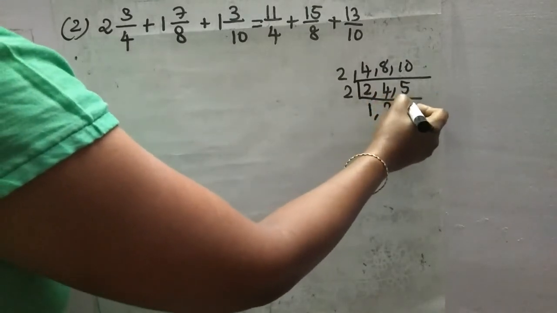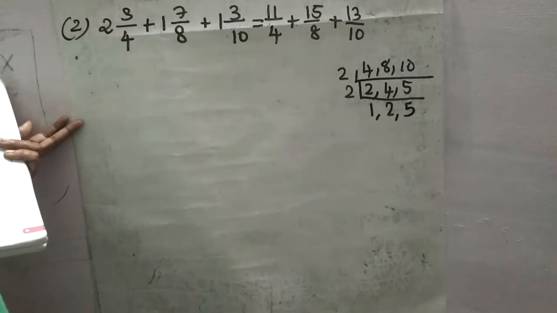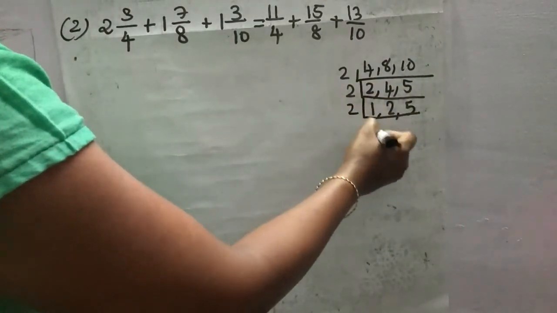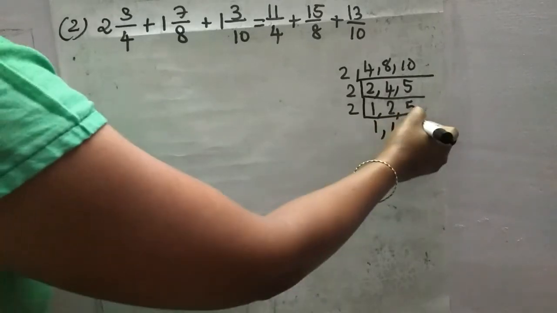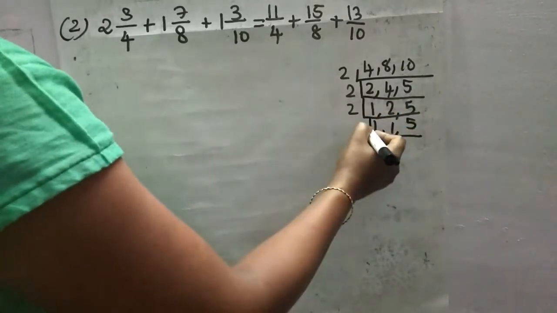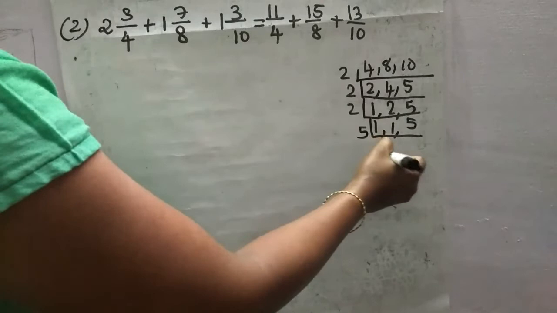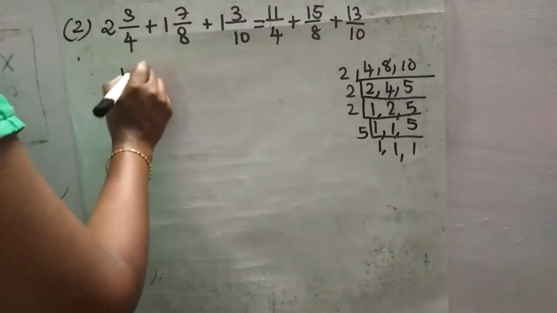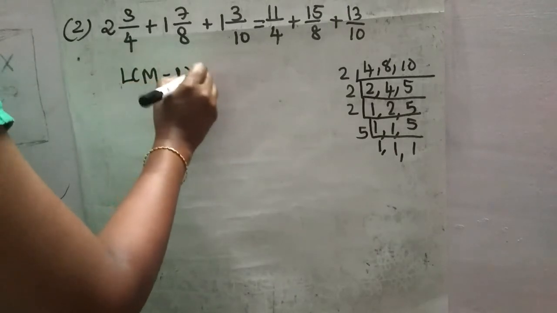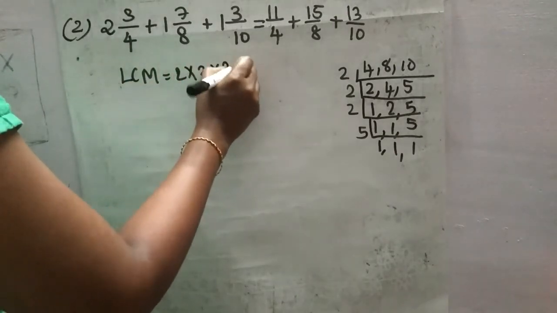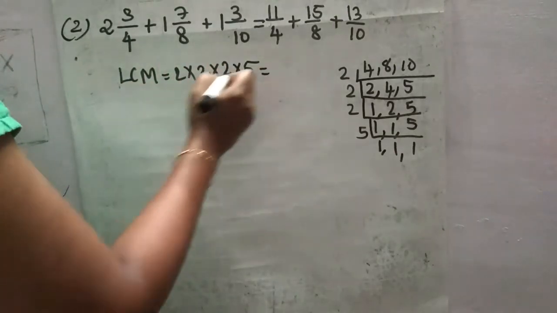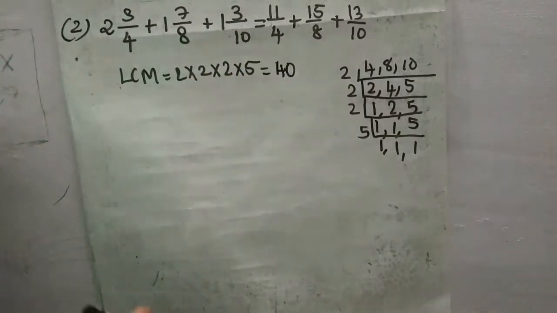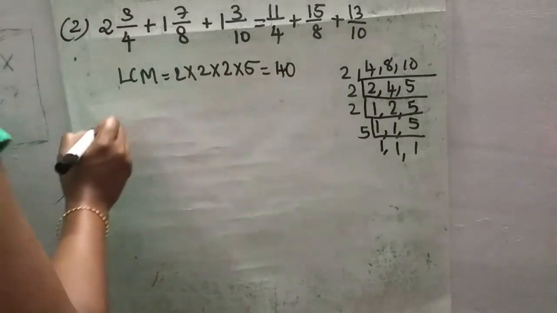And 5 will not go, so write the same number. Now we can divide this by 2. 1 and 5, write the same. Divide again with 5. 1, 1, 1. Now find the LCM. 2 into 2 into 2 into 5. What did you get? 40. Okay. Get 40 as LCM.